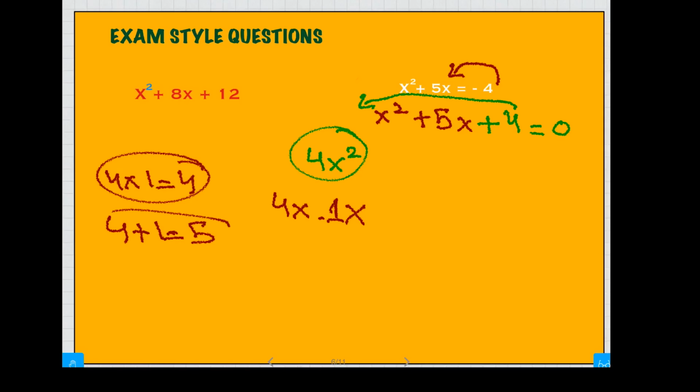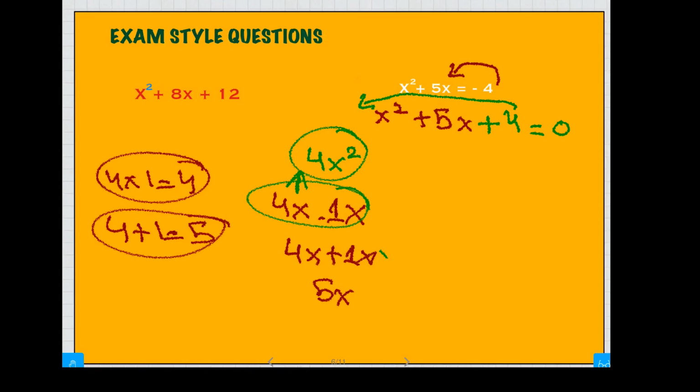So these are the two numbers we need to use in this expression in order to solve it. So 4x and 1x, when multiplied together give us 4x squared, and when we add them together give us 5x, which is this middle term.